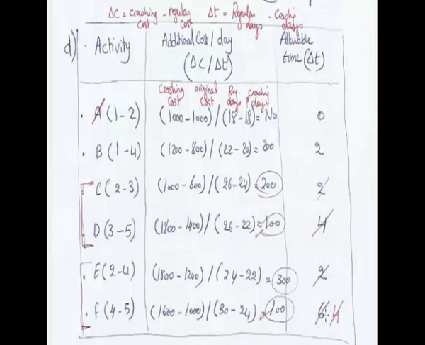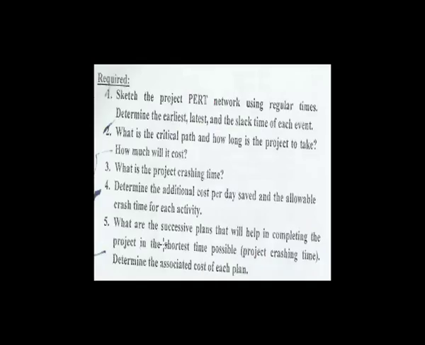Okay, let's continue to the next requirement. In the last requirement, you are asked what are the successive plans that will help in completing the project in the shortest time possible, the project crashing time. Determine the associated cost of each plan.